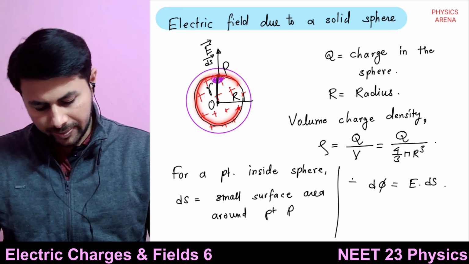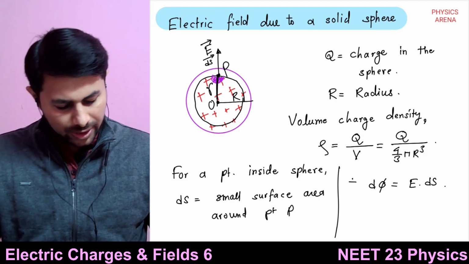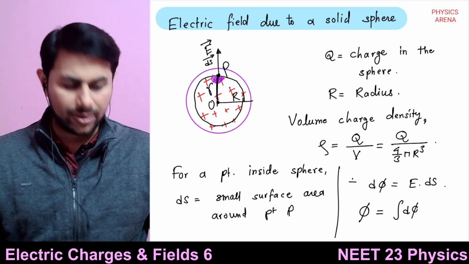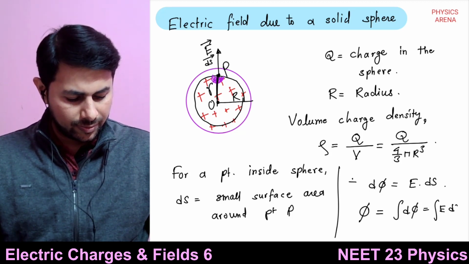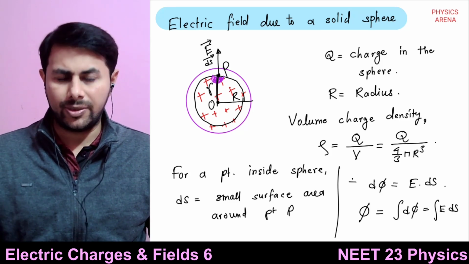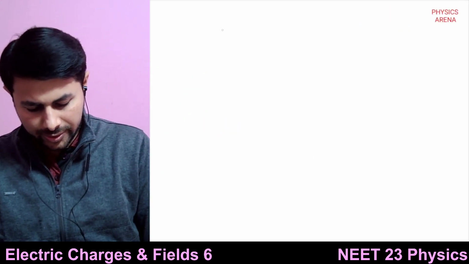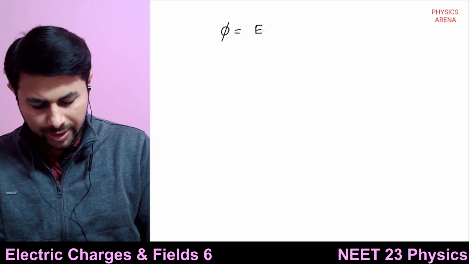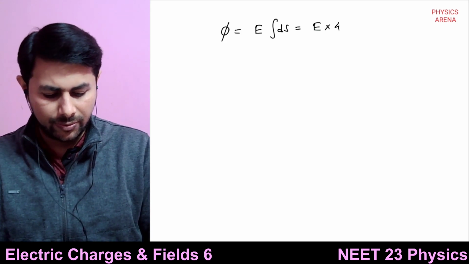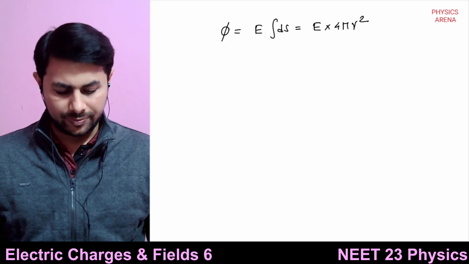And then the flux through the total Gaussian surface, which will be a sphere only, phi is equal to the integral of d phi, that is the integral of E dS. And once again we can say that the electric field at each and every point of this Gaussian surface will be equal, so we can take E outside. So phi is equal to E multiplied by the integral of dS, which is equal to E multiplied by 4 pi small r square.